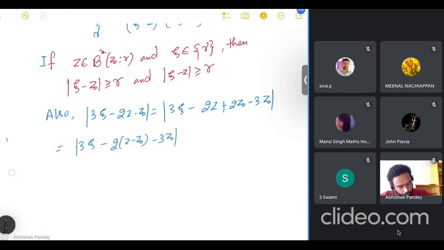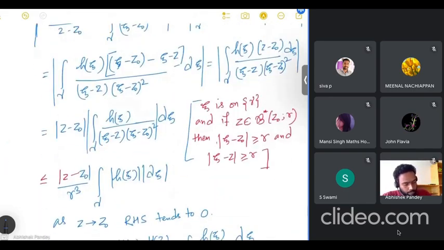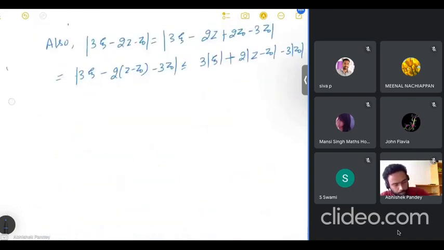We can write this as 3 modulus of xi plus 2 modulus of z minus z naught minus 3z naught. Now here we will use this mod of xi, which will be less than s. So this is basically 3s plus 2r plus 3 mod z naught, and let us say this is some constant c.